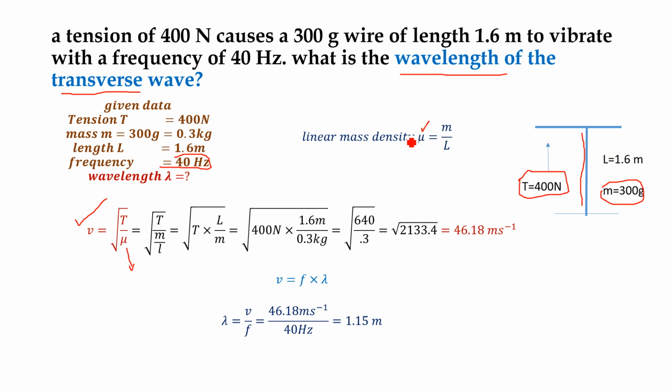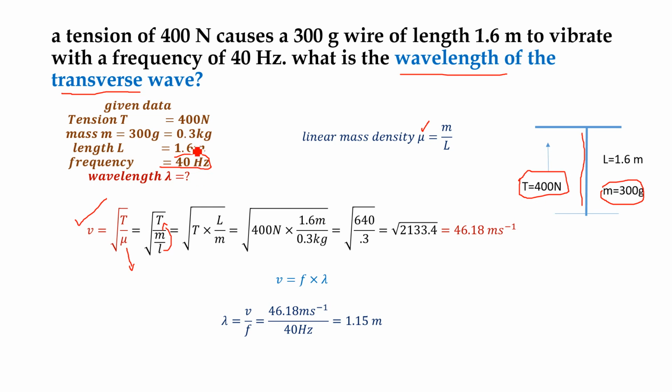So substituting the value of linear mass density in the velocity equation, we will get under root T divided by m over l, and rearranging this equation, this l will go to the upside and we will get T multiplied by l divided by m.